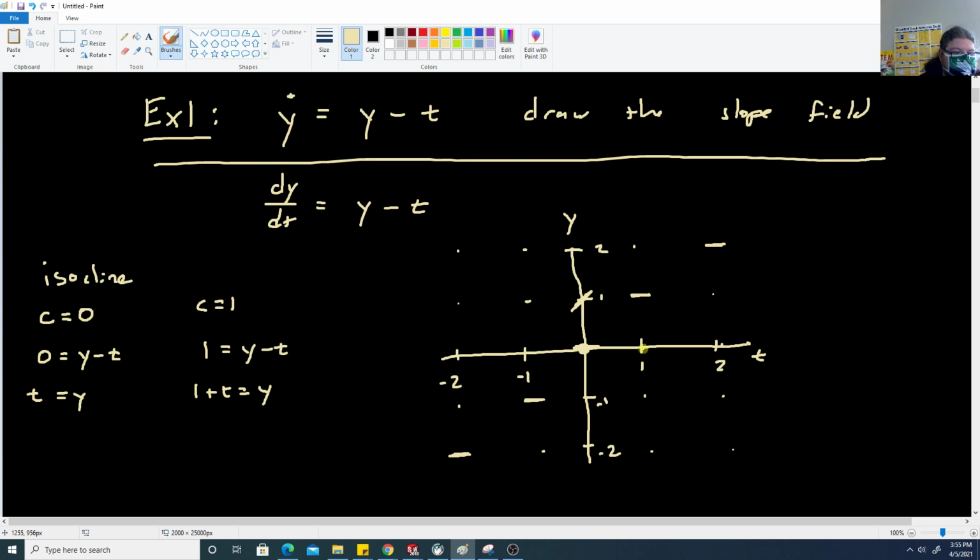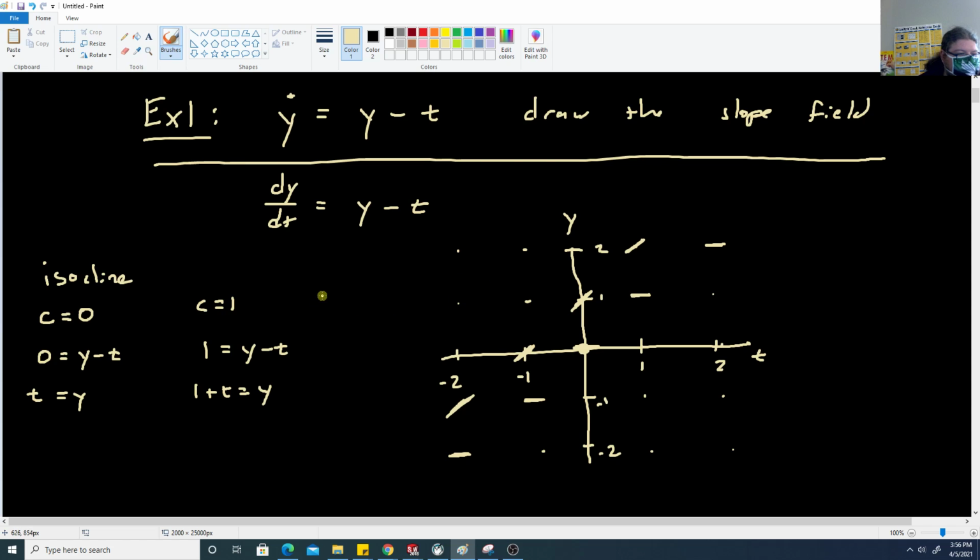If my t value is 1, 1 plus 1 is 2. That gets slope 1. If my t value is negative 1, then 0 gets slope 1. And if my t value is negative 2, plus 1 is negative 1. Those all have slope 1. So basically, the diagonal row of points right above the ones that were all zeros all have slope 1.